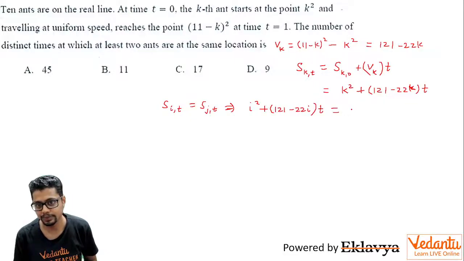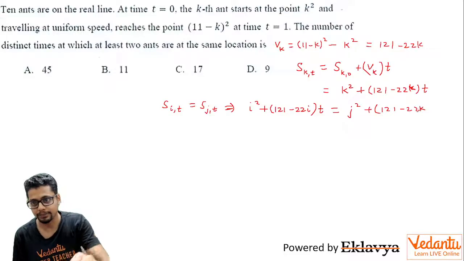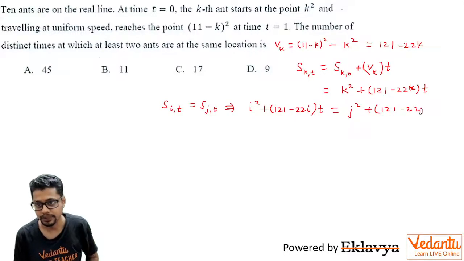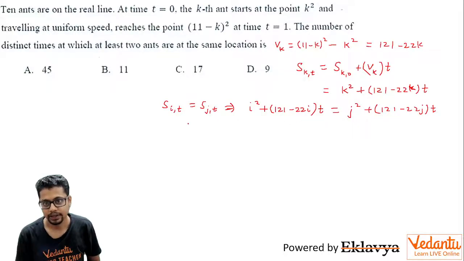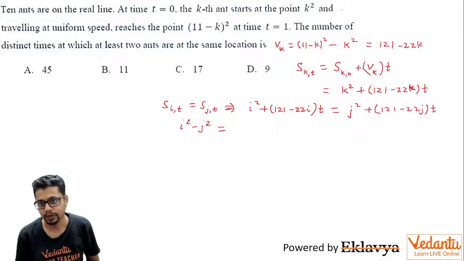It essentially will be j square plus (121 minus 22k, not k, my bad, j) times t. So here what we get is i square minus j square is equal to, 121t would cancel out from both sides, you get 22 times (i minus j) times t.